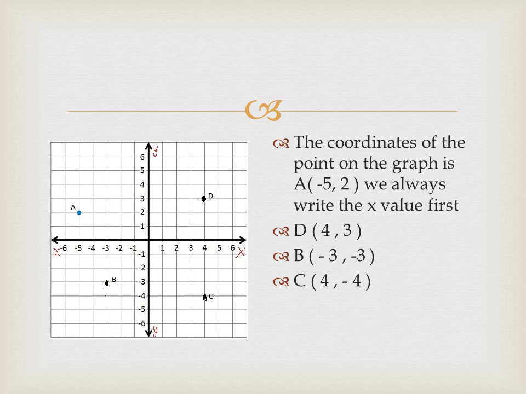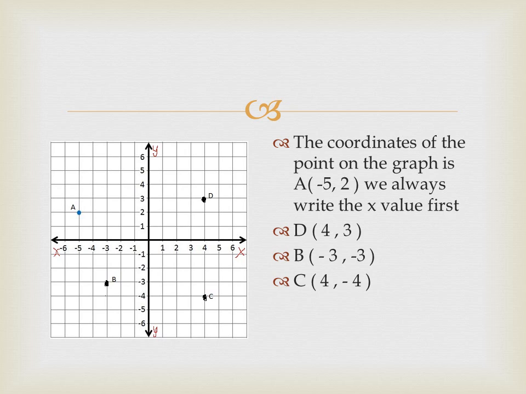You can see the positive numbers up: 1, 2, 3, 4, 5 and 6. Down there you can see the negative numbers: -1, -2, -3, -4, -5 and -6. Now we are going to use this to write down the coordinates of the points on the graph.